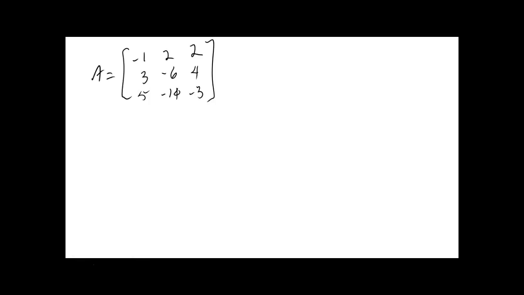Here is matrix A, a 3 by 3 matrix: -1, 2, 2; 3, -6, 4; and 5, -10, -3. It says find the determinant using elementary column operations. We could do this by repeating the first two columns, and doing your down diagonals, adding those.